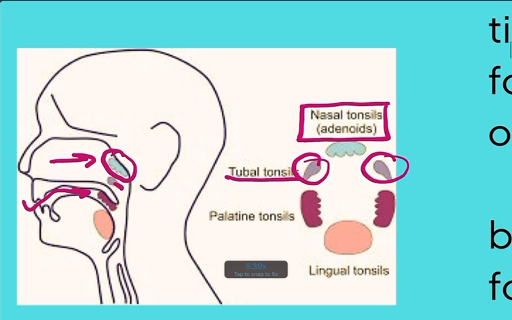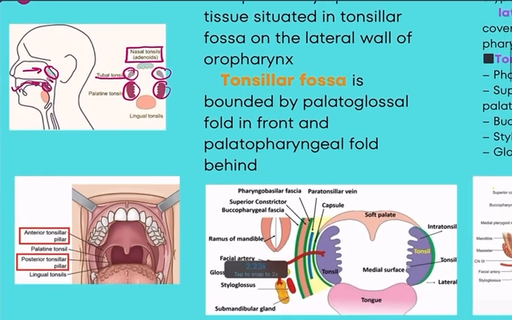The other, and the most important one of this group, is the palatine tonsil, on either side of the oropharynx. You will see it when you ask the patient to open his mouth.